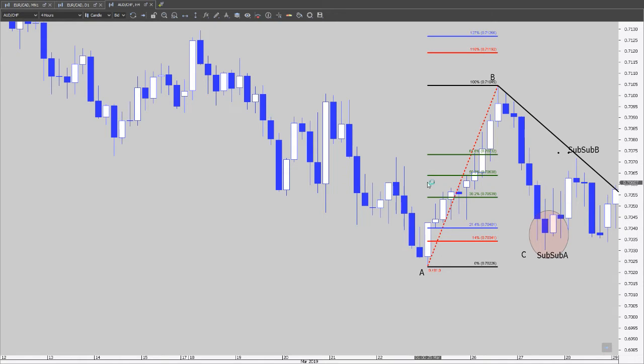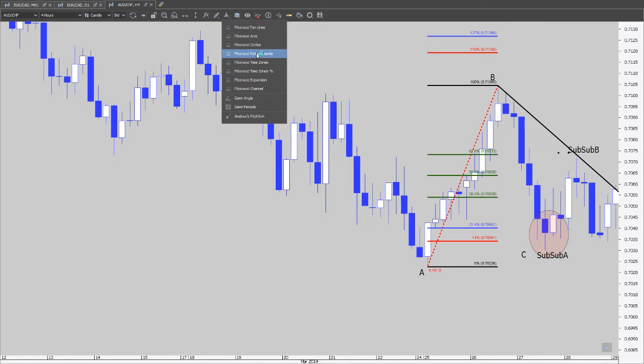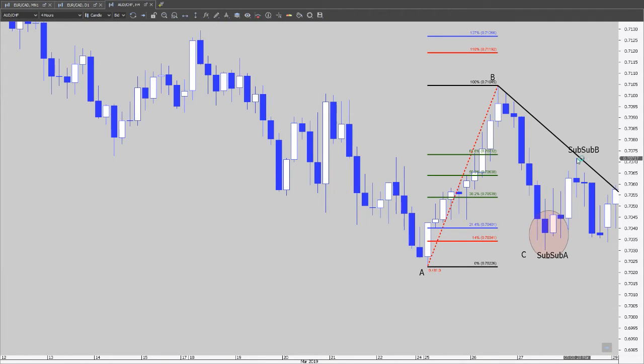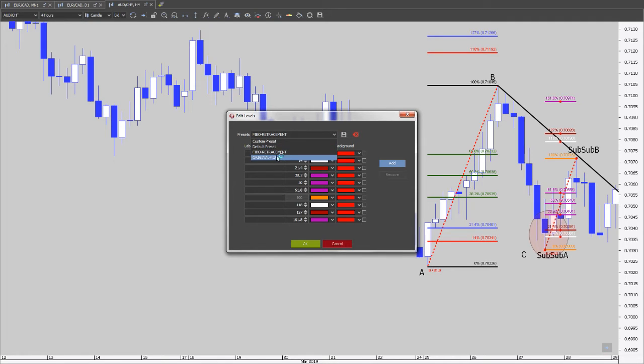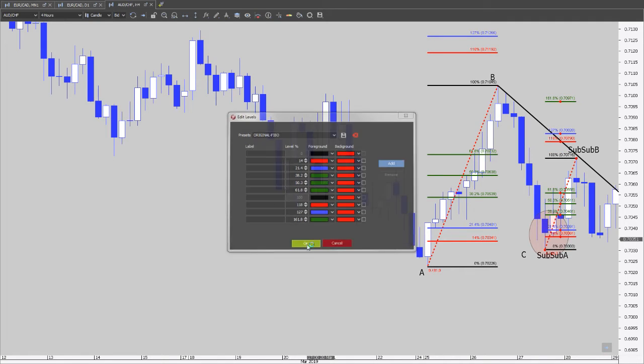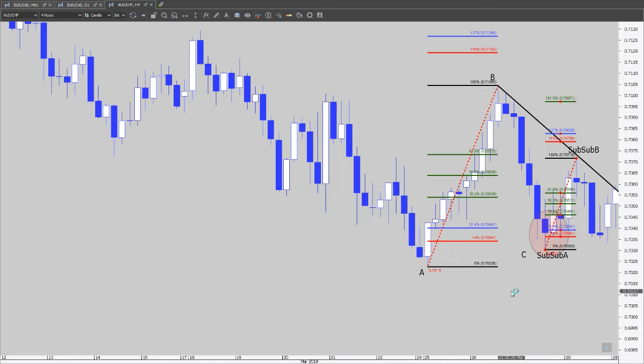And I already have a high. What I'm going to do, everybody, is just use the same Fibonacci retracement tool with the same colors, because this is the confirmation Fibonacci. And it's going to go in the same direction as the original one.